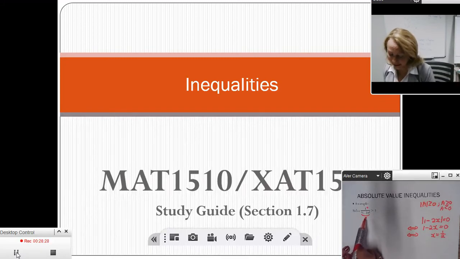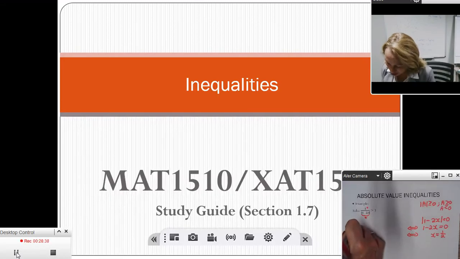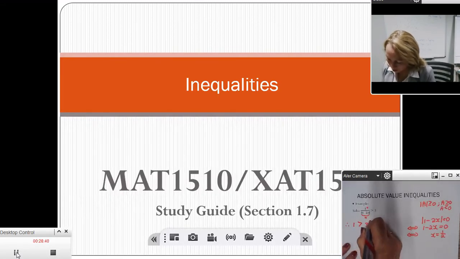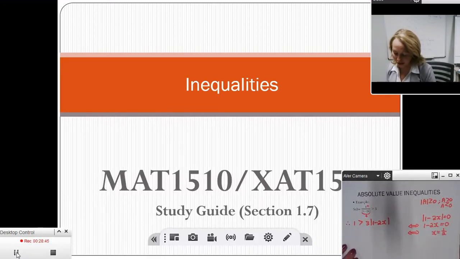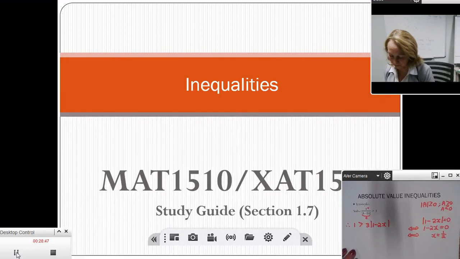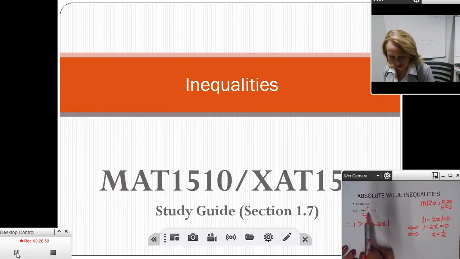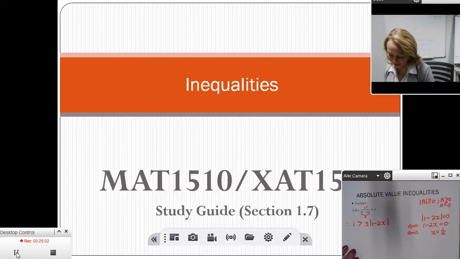In this case, since the denominator is always positive, and we've excluded the case where it's equal to 0, I am allowed to multiply both sides of the inequality by the absolute value of 1 minus 2x. This will not change the sign of the inequality because the expression in the denominator is positive. And if I multiply an inequality by a positive quantity, it preserves the inequality sign.